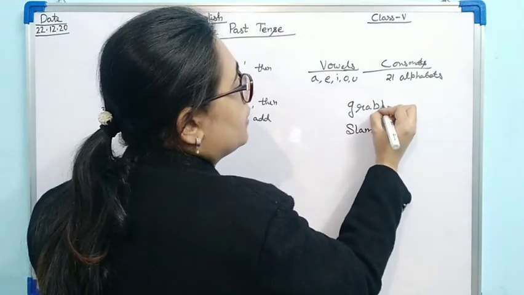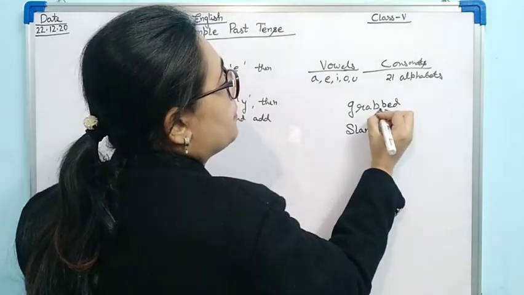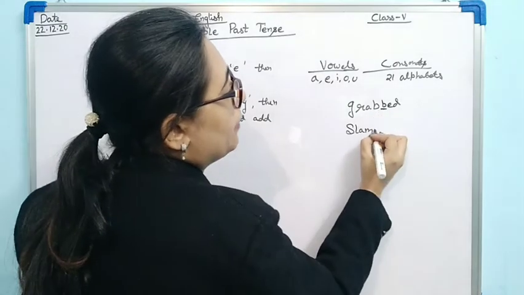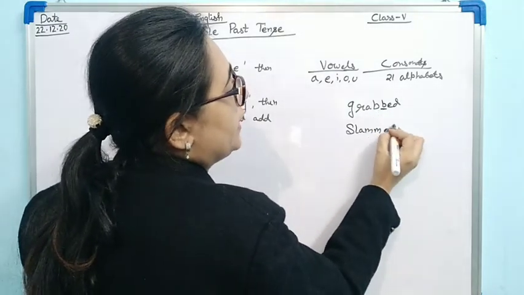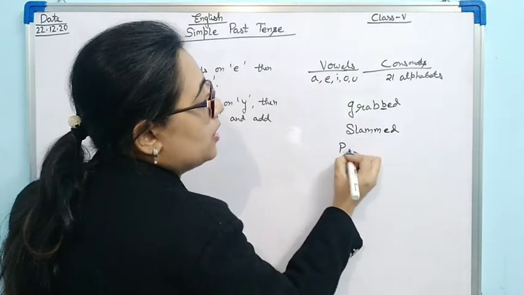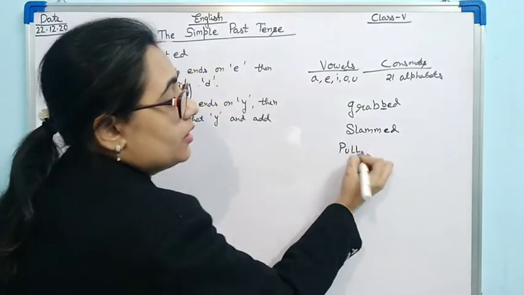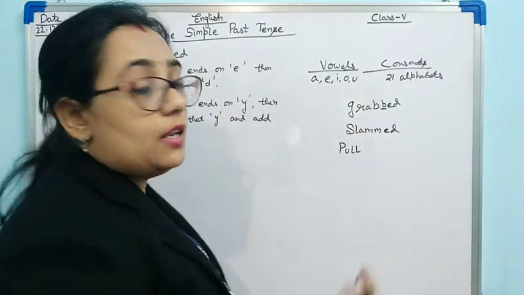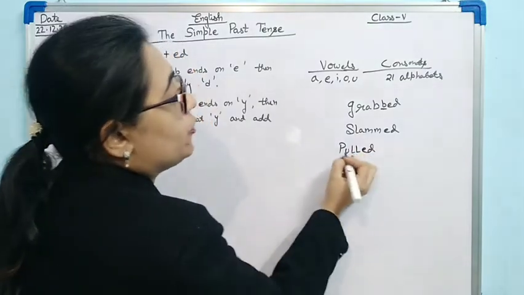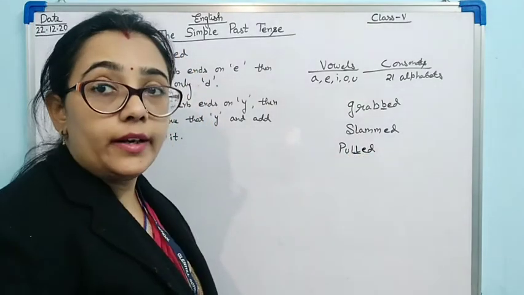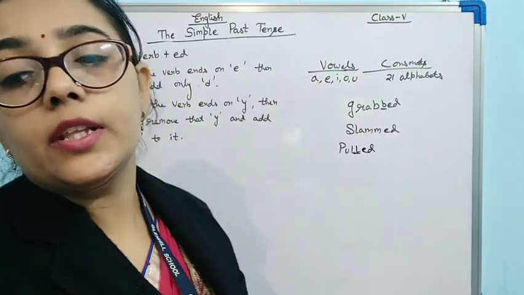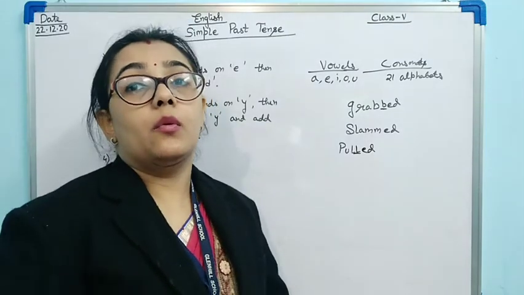Grab, grabbed. Slam, double M, double ED. Like suppose pull, P-U-double-L-E-D. Now you will say P-U-double-L is already there. Yes.